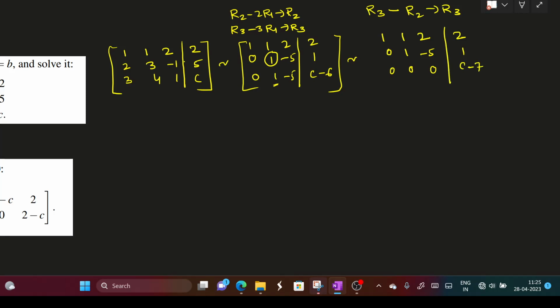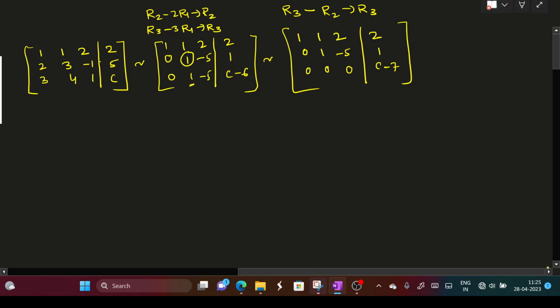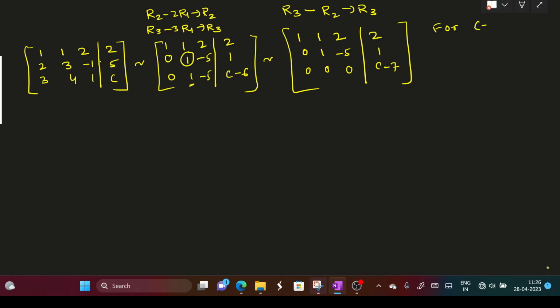So here c minus 7. If c minus 7 is equal to 0, then the system has a solution, otherwise it has no solution. So for c minus 7 equal to 0, or c is equal to 7, the system is solvable.